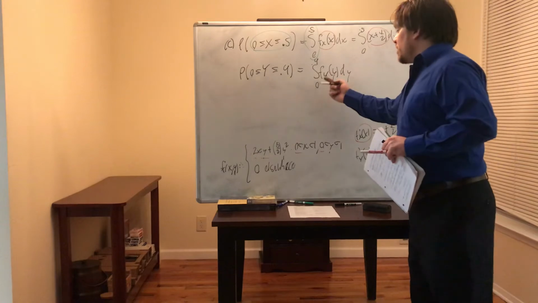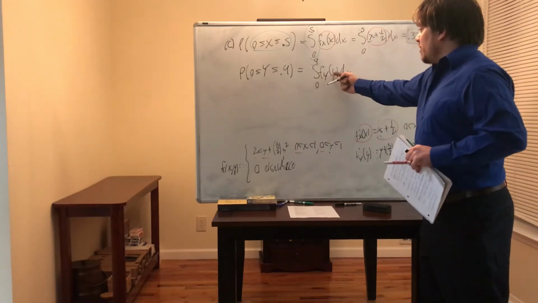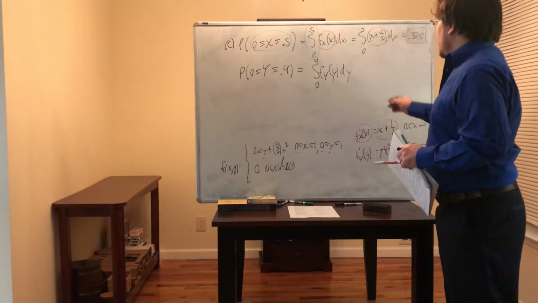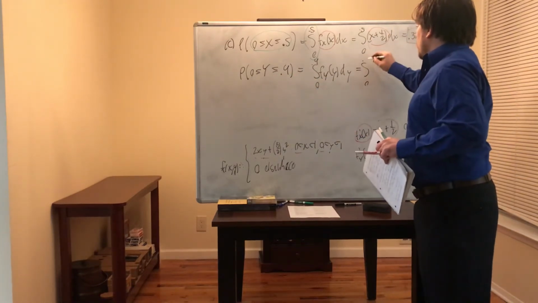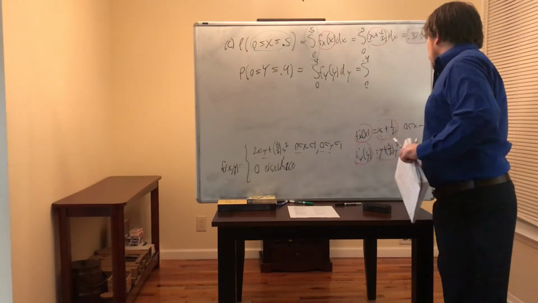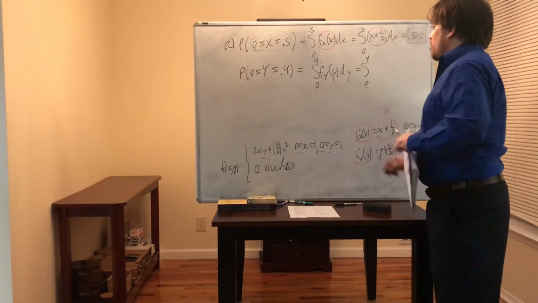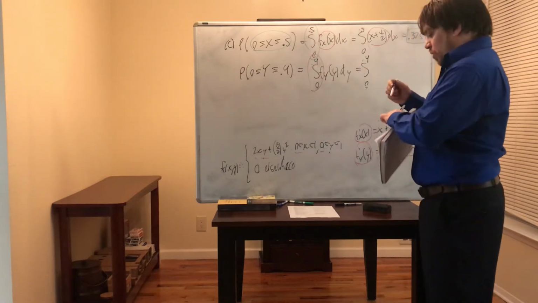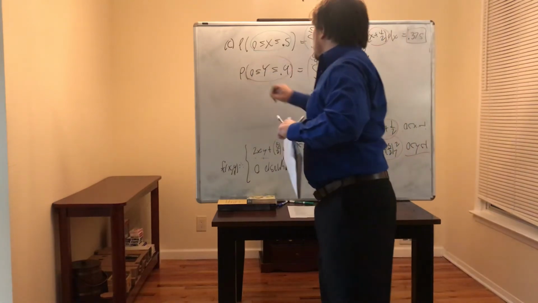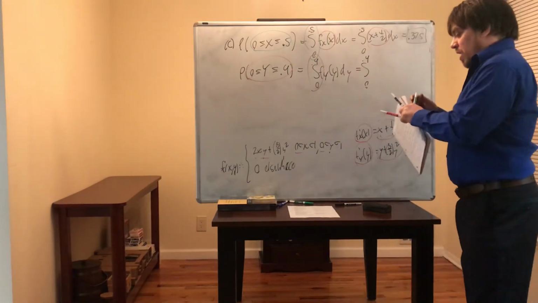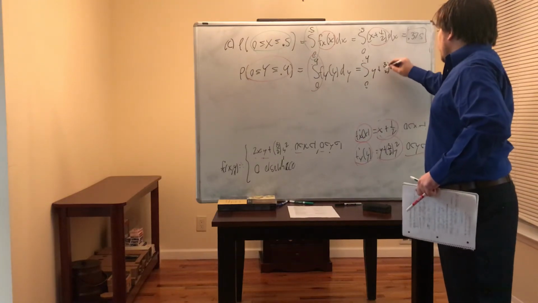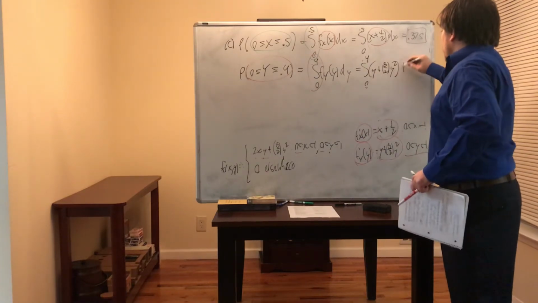Right, that's the probability that when y is some fixed value, and if that fixed value is ranging from 0 to 0.4, that's that. And so now this is equal to the integral from 0 to 0.4. Well, what is f sub y of y? It's y plus 3/2 y squared for those values of y. And so for those values of y, it falls within that range. And so f sub y of y is y plus 3/2 y squared, and that's dy.